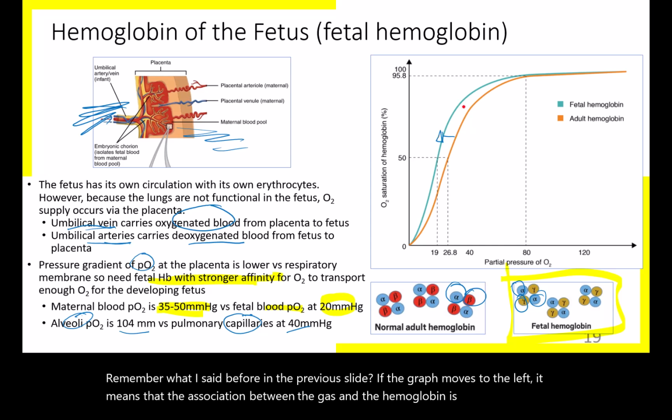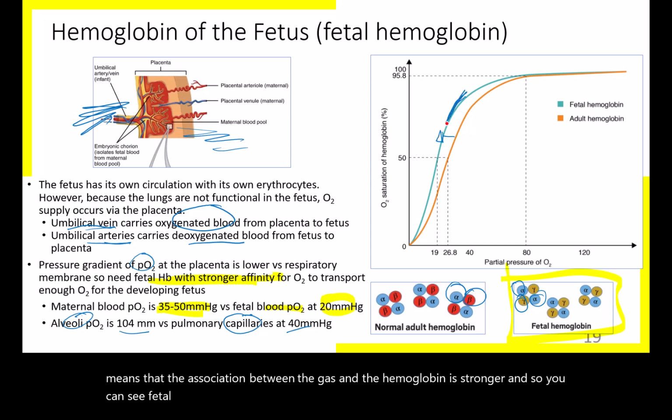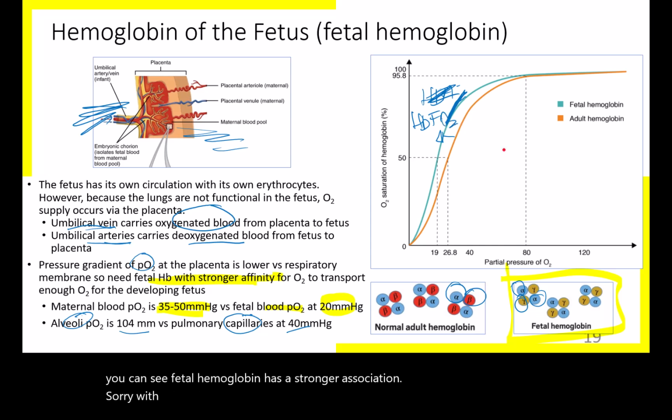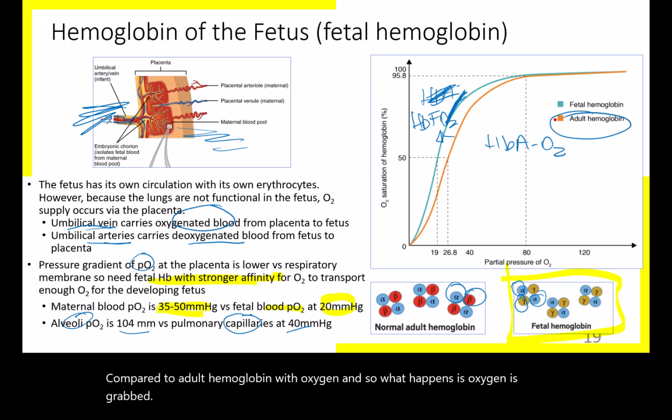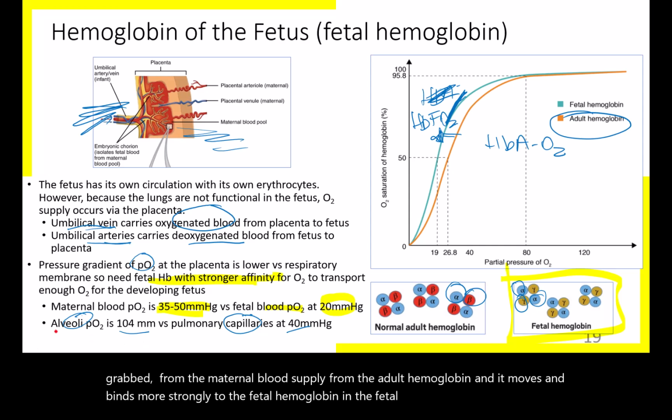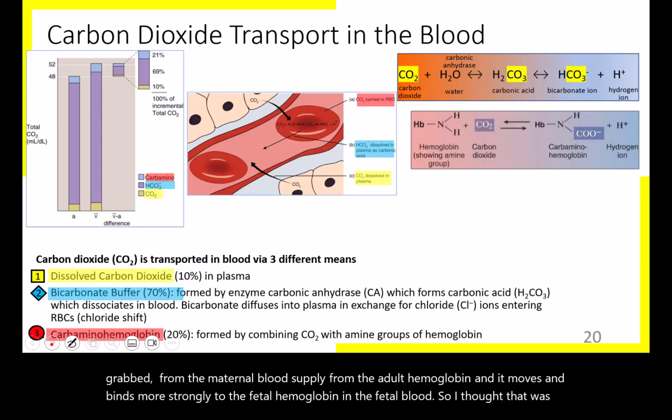So you can see fetal hemoglobin has a stronger association with oxygen compared to adult hemoglobin. And so oxygen is snatched from the maternal blood supply, from the adult hemoglobin, and binds more strongly to the fetal hemoglobin in the fetal blood. So I thought that was interesting.